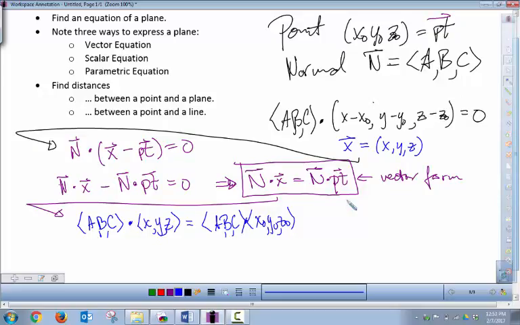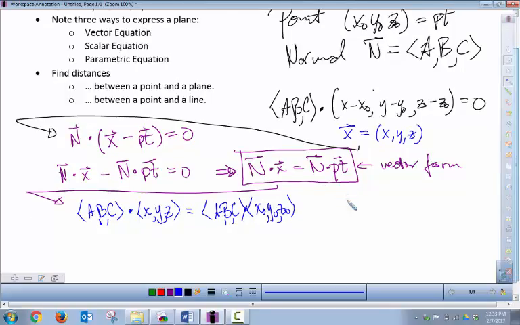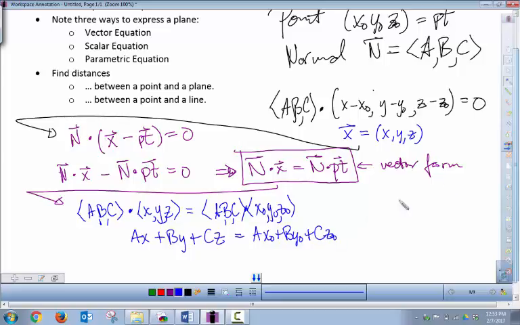It still doesn't look like a scalar, but we know that if we take the dot product of two things, we come up with a scalar, right? So we'll dot them. We got A times X plus B times Y plus C times Z is equal to A times X naught plus B times Y naught plus C times Z naught.